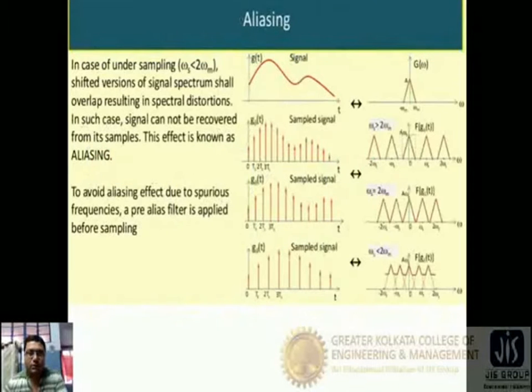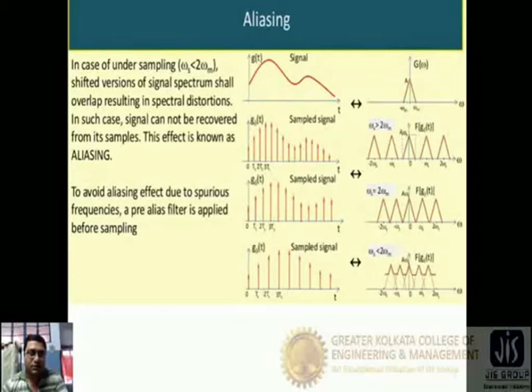Aliasing. Aliasing is an important topic. Before going into aliasing, we just read out the statement of it. In case of undersampling, shifted versions of the signal spectrum overlap, resulting in spectral disorder or distortion.